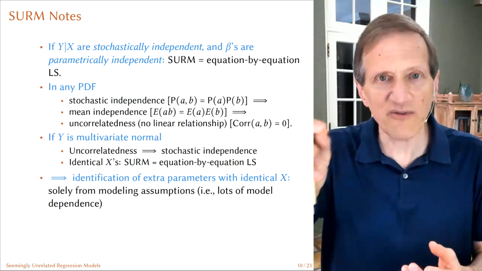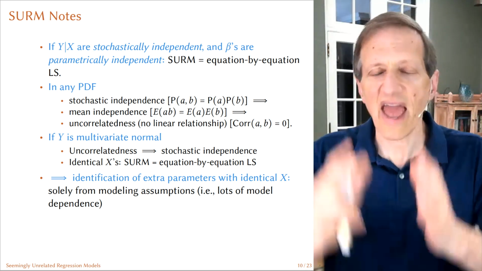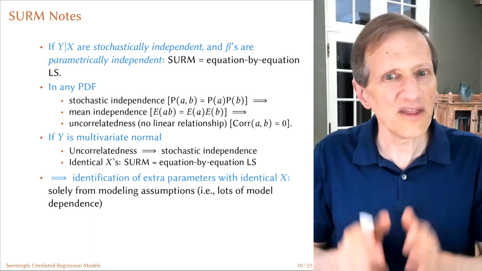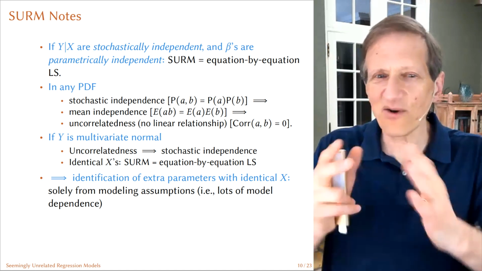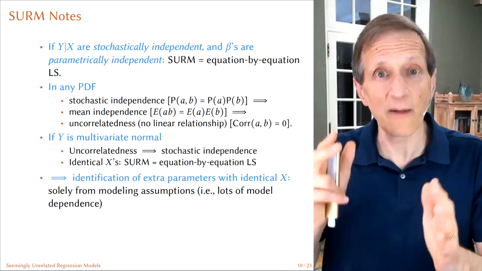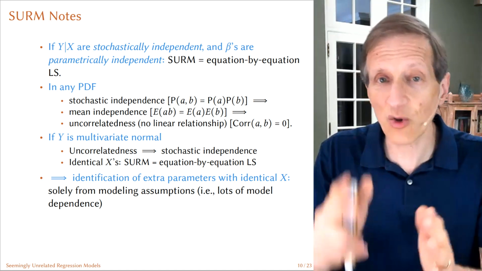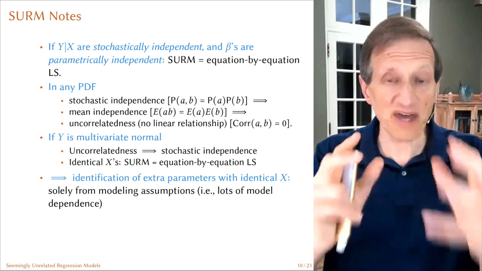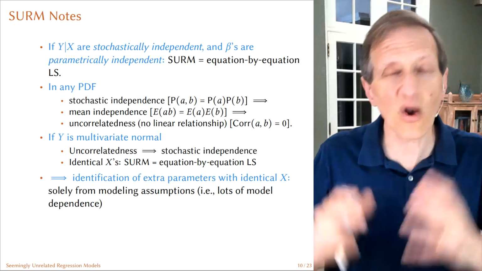If they have identical x's and it's a nonlinear model, then you have to ask, where are they getting identification from of the multiple equation model separate from and better than the equation by equation models? Where are they getting it from?